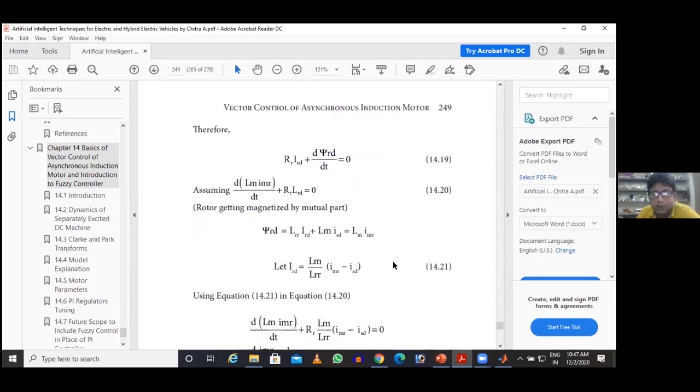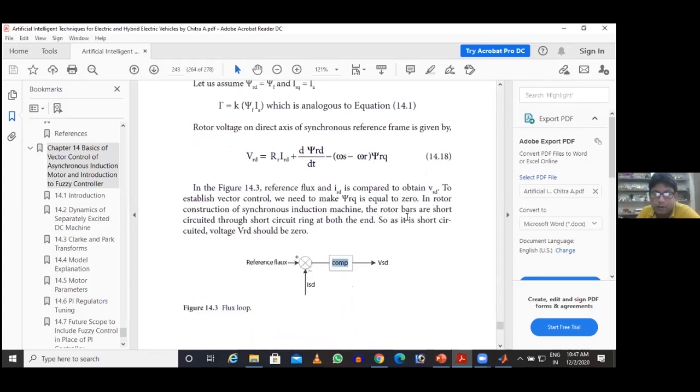Okay. So now I am coming to that, because as I told, the rotor is rotating maintaining the mechanical speed. But where is the rotor flux?